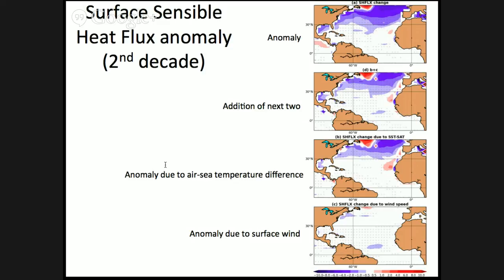You see that it's actually the air sea temperature difference that contributes to the sensible heat flux in the mid latitude, and not the surface wind. So this also explains why the latent heat flux is not dominant, because the surface wind almost doesn't change the sensible heat flux.